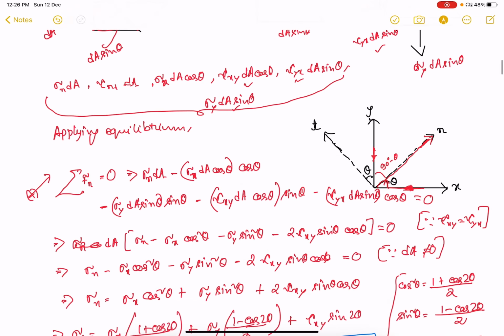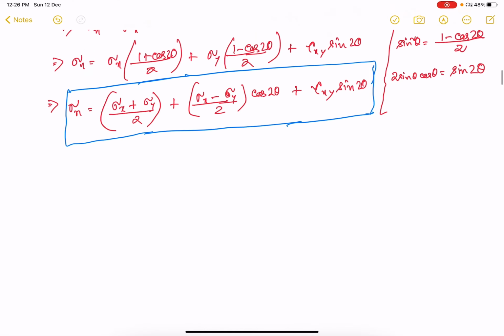So let's check whether it comes or not. Clearly, when theta is equal to 90 degree, sigma n must be equal to sigma y. We'll see whether it comes or not.